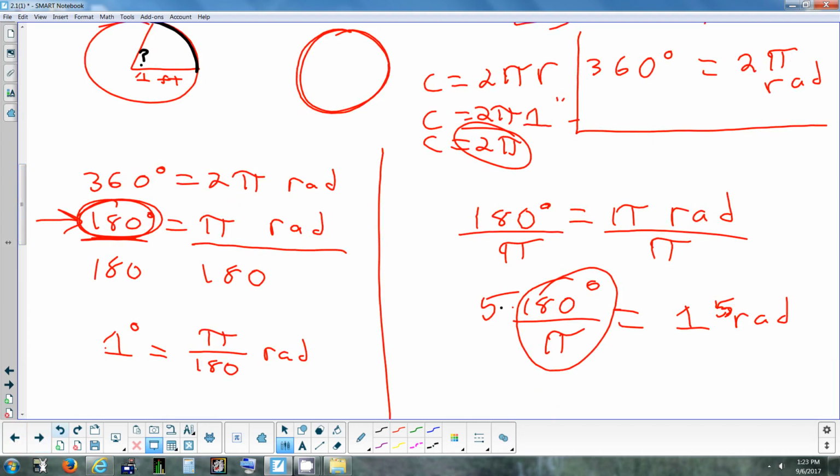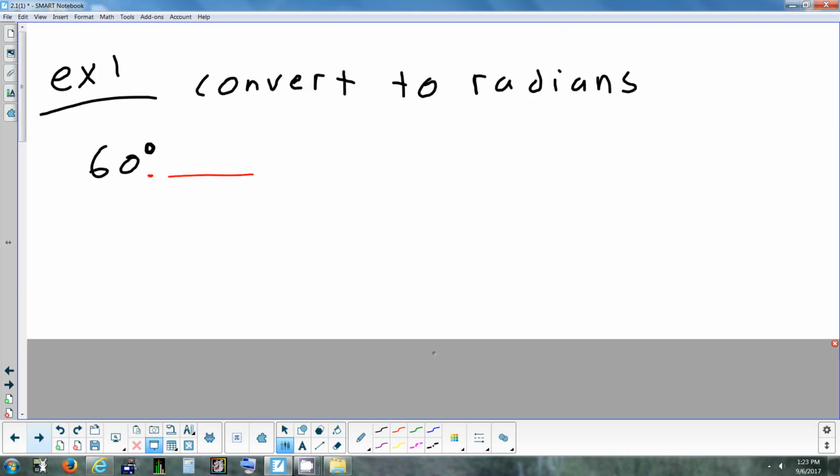So when you think degrees, think 180. When you think radians, I want you to think pi. So just remember that in your head. Radians, think pi. Degrees, think 180. Just hang on to that for a second.